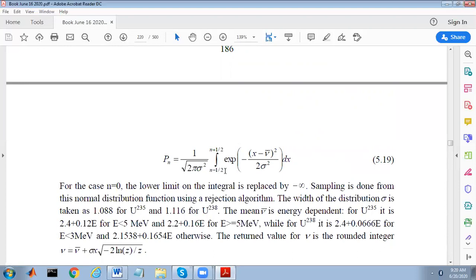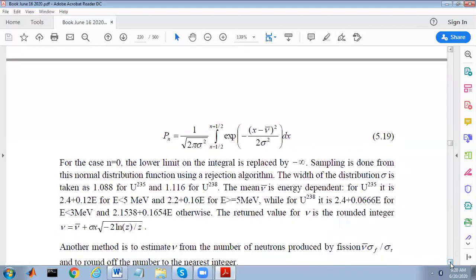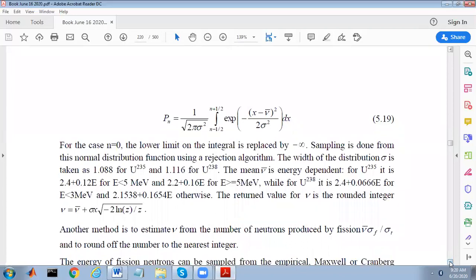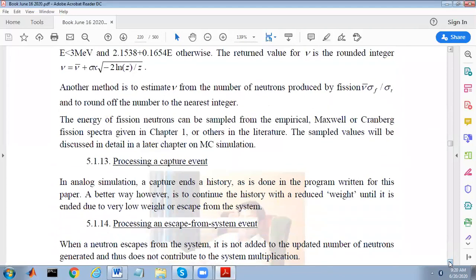So if you want to sample over here, you say nu bar plus sigma times randn. This is how you get it in your simulation, and this is how I wrote a little program. I'm going to show you the results of how I got the number of neutrons coming out of fission.